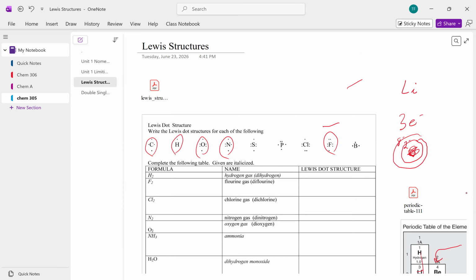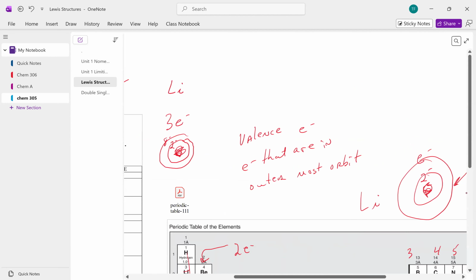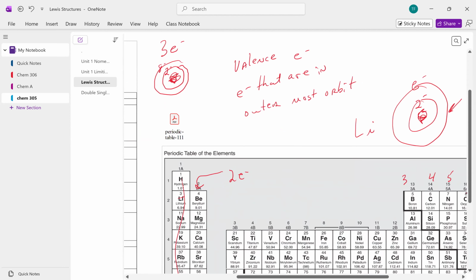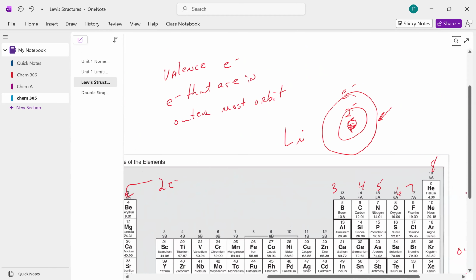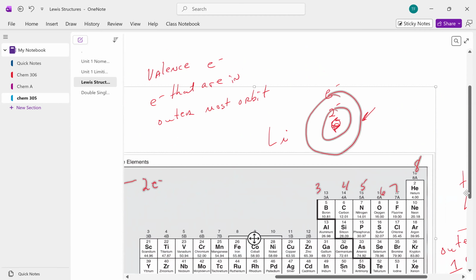Five of those. Let's look at sulfur. Where's sulfur located? Sulfur is located underneath oxygen. So whatever oxygen is, sulfur is the same thing. So if oxygen has 6 valence electrons, so does sulfur, so does selenium.